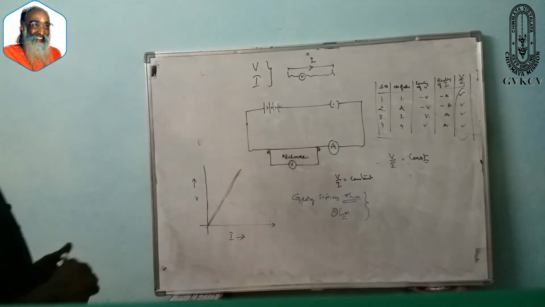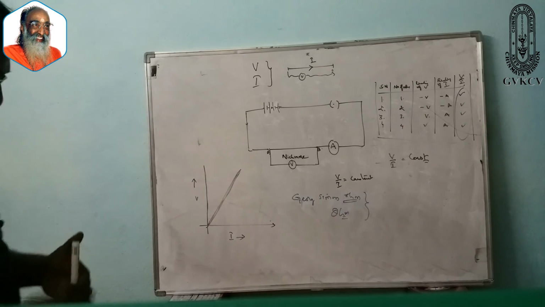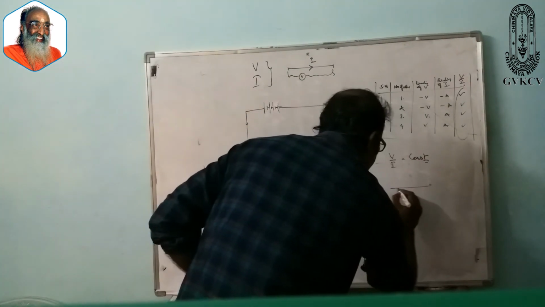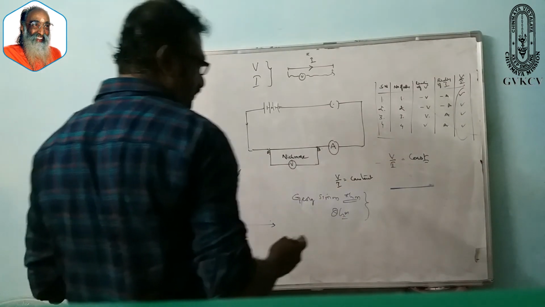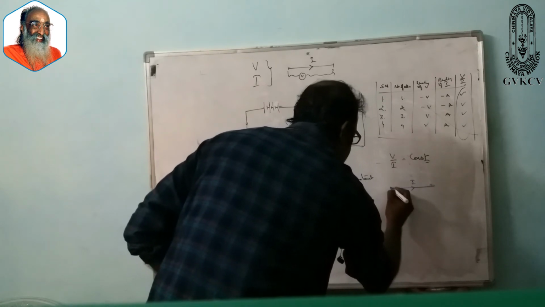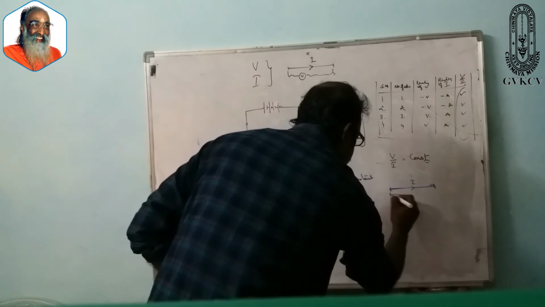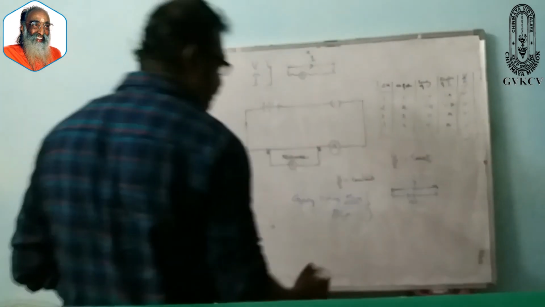By his observation he made a statement, putting in words what we observed here: in a conductor, the current in the conductor is directly proportional to the potential difference across it. That means V is proportional to I.